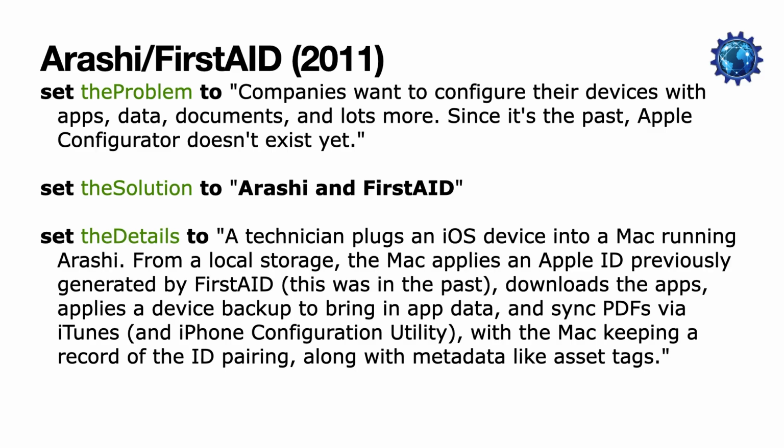We had iPhone Configuration Utility that had the power to push profiles and gather information, and we had iTunes. So what do you do when your customer says they need apps and they need Apple IDs in order to get apps? That's where this software came in.